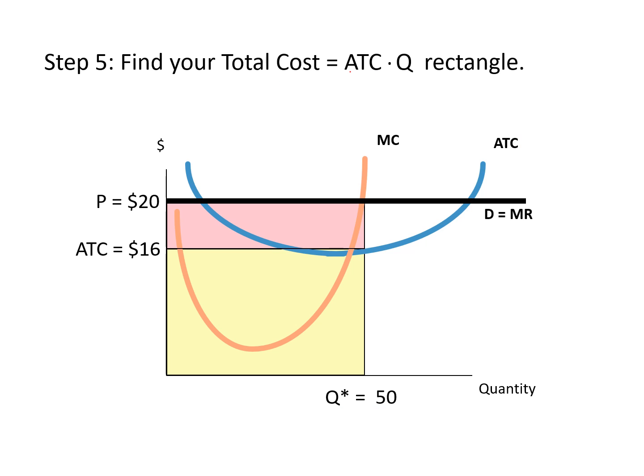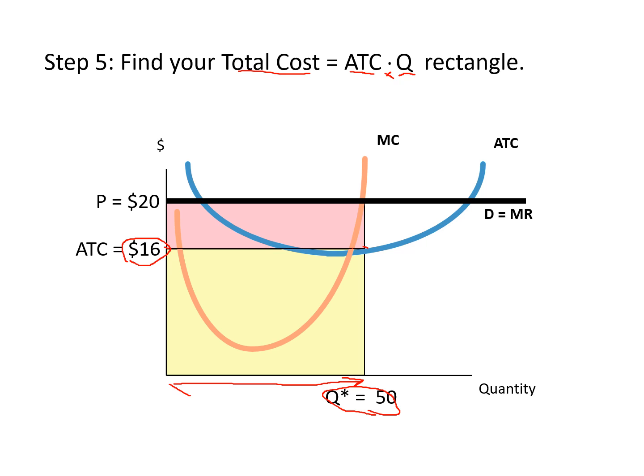And in this example, the average total cost, if we go across to the price axis here, is $16. So if the average total cost is $16 and our firm is producing a quantity of 50 units, then the total cost will be found by multiplying these two numbers together. And again, graphically, that's represented by the area of this yellow rectangle here.